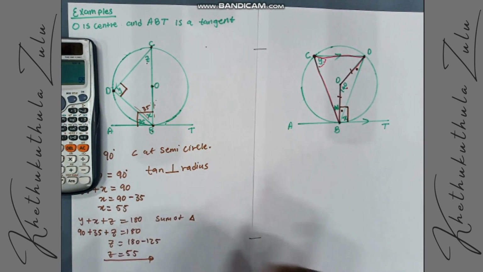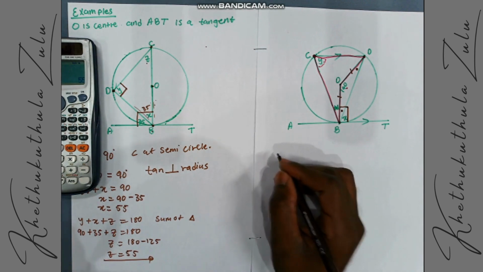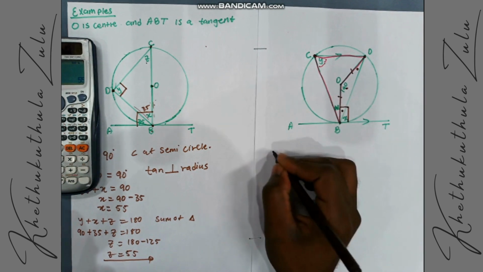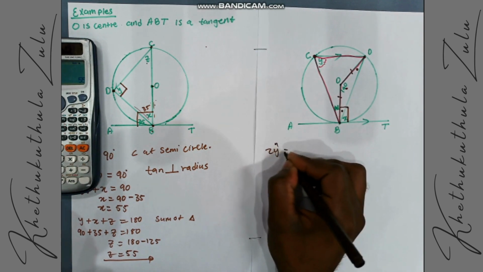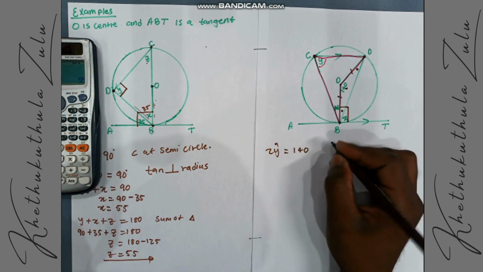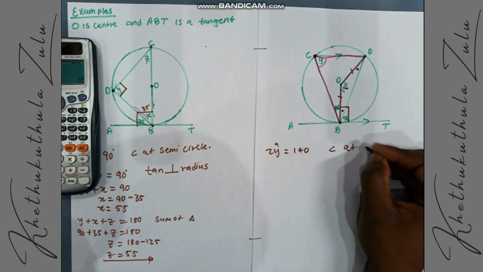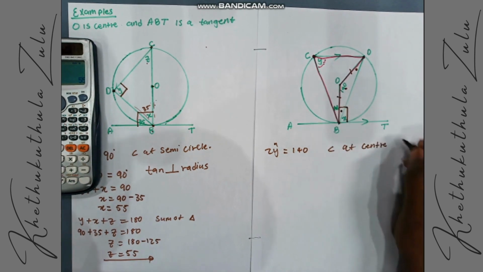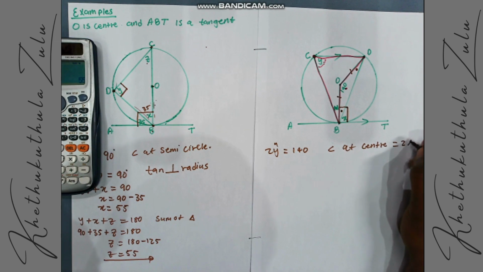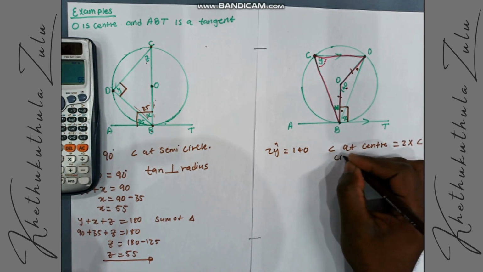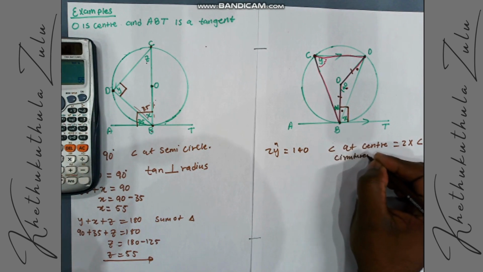And now from everything that we just said there, we're just going to apply them. Start from our y, since y and this one, 2y is equal to 140, because the angle at the center, which is this one, is equal to 2 times the angle at the circumference.